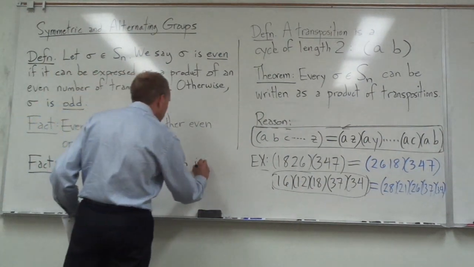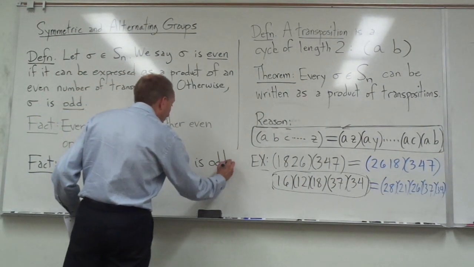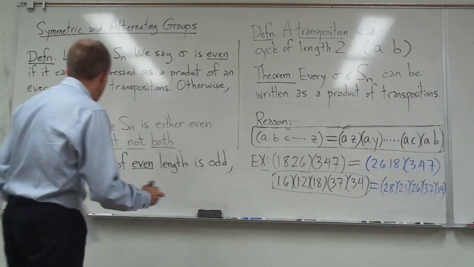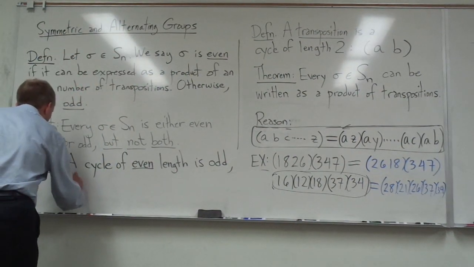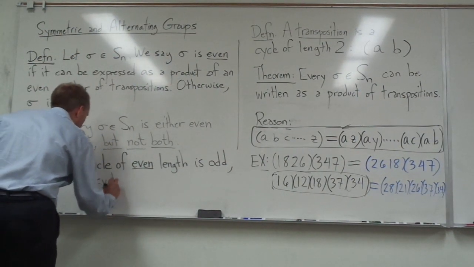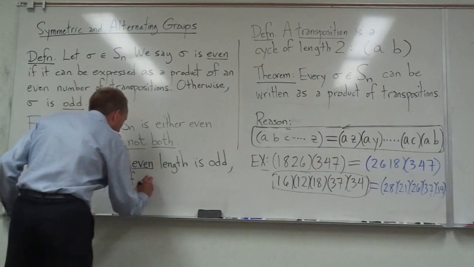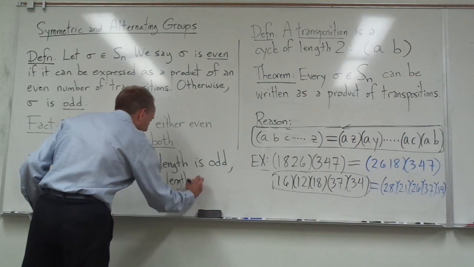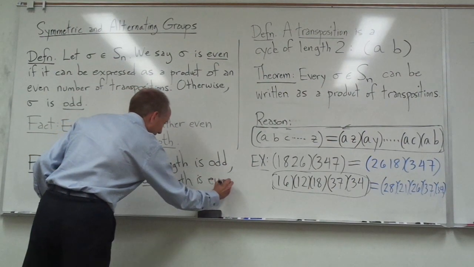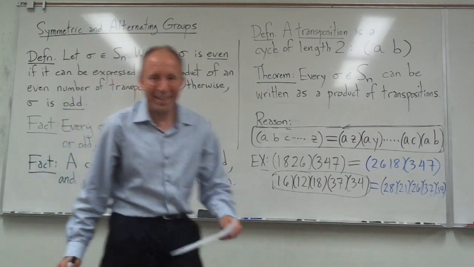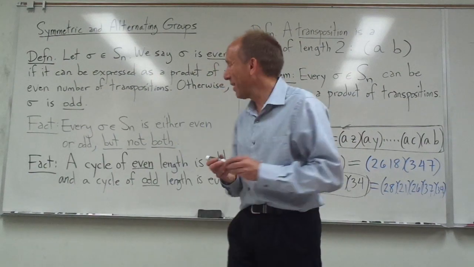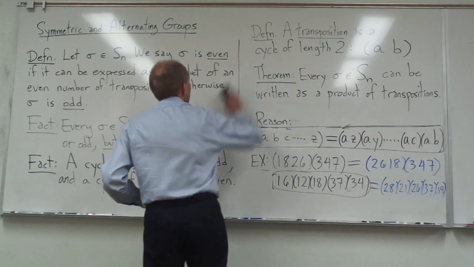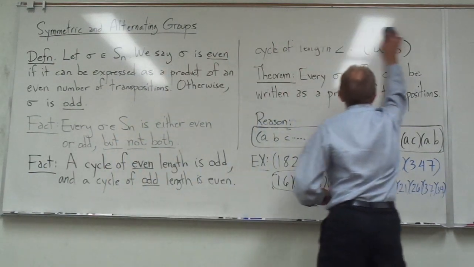A cycle of even length is odd as a permutation, and a cycle of odd length is even. Oh boy. That seems a little bit unsatisfying, the potential to be confusing.